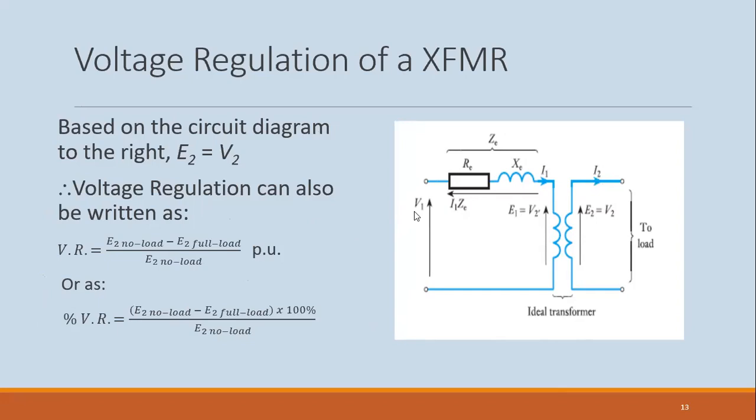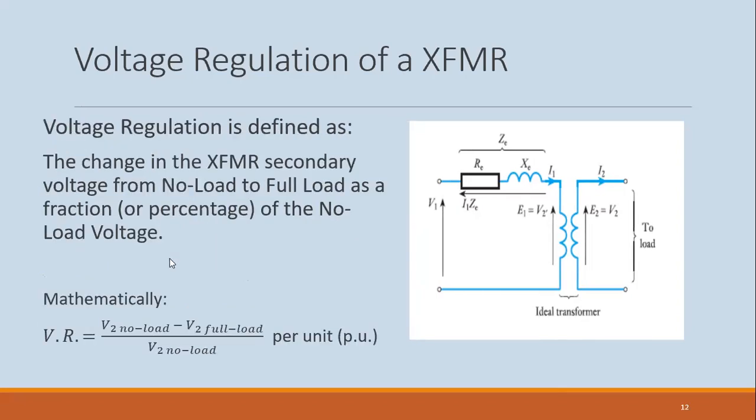It helps significantly in simplifying the calculation. Previously I wrote it as V2, but for this circuit, E2 and V2 are the same values, right?